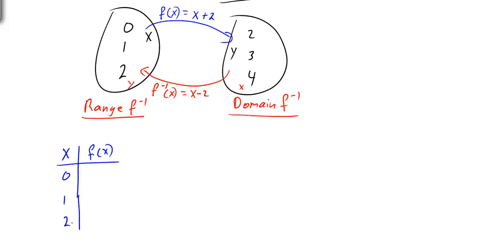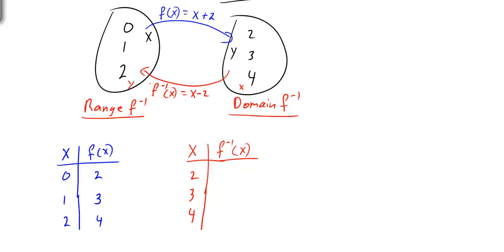And we would get out our y values over here for f of x, which would be 2, 3, and 4. And then if we were to look at the x values and the y values for the inverse function, well, the x values then for the inverse function would be the 2, the 3, and the 4.